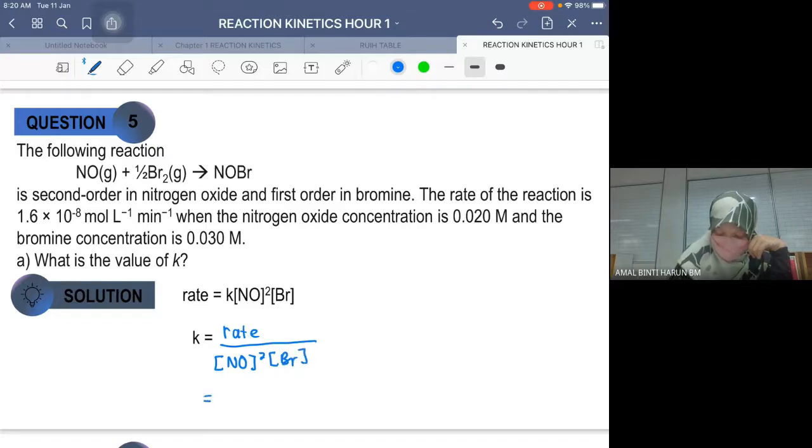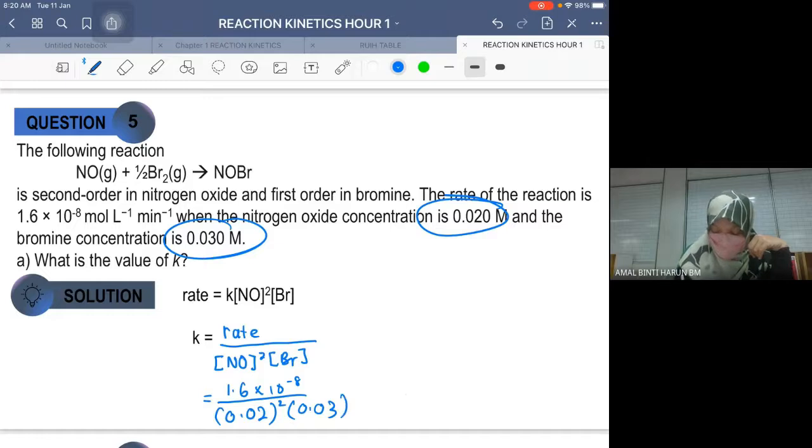So k equals rate divided by [NO] squared [Br]. The given rate is 1.6 times 10 to the power negative 8, divided by 0.02 squared times 0.03. I get 1.33 times 10 to the power negative 3.